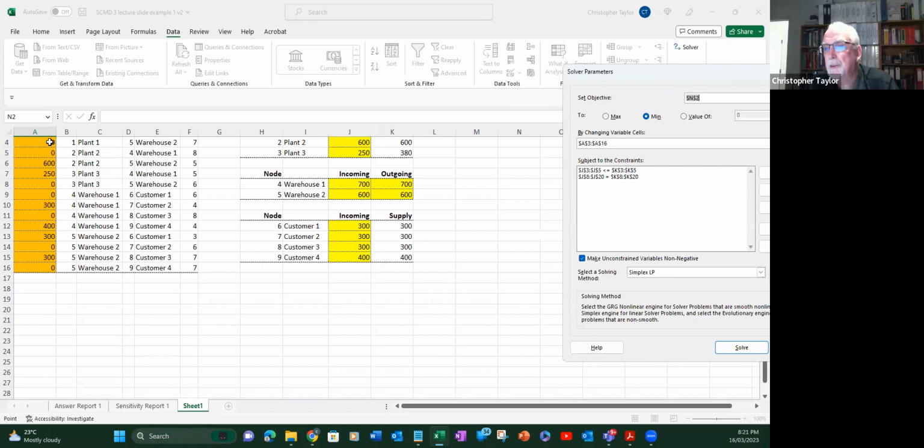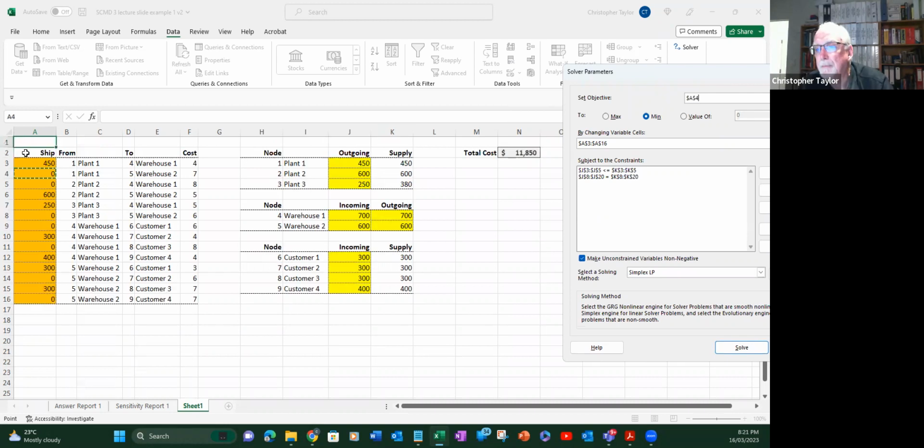And then if we look at what we've got in these cells, A3 to A16 is the changing variable cells. So these are the cells which are going to be changed there.